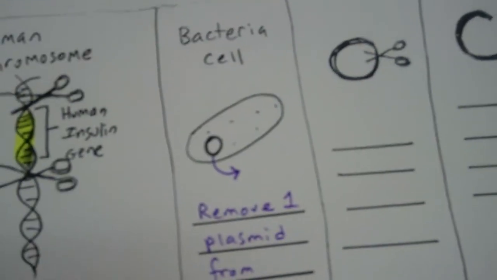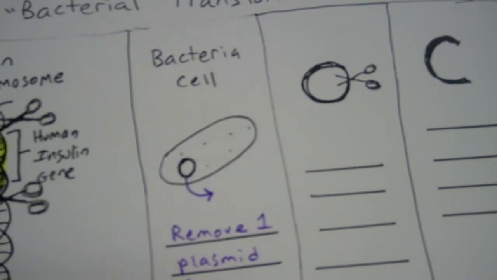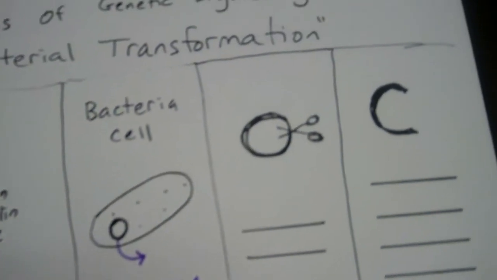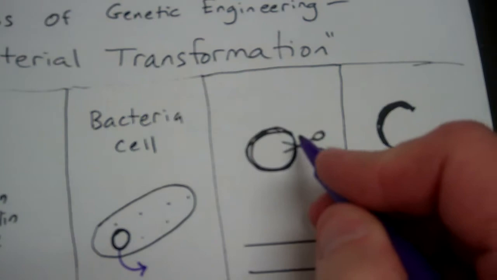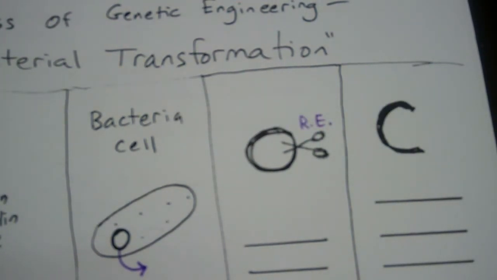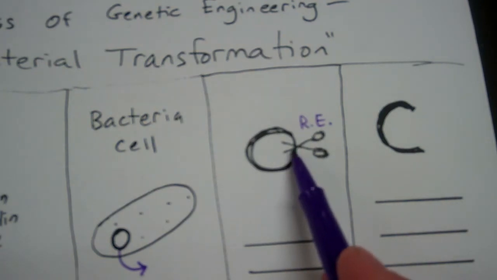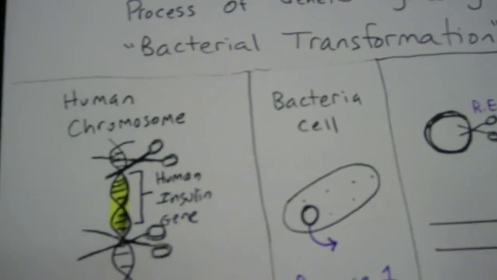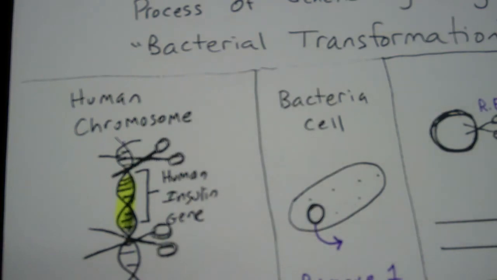Okay. And next, we are going to use our little molecular scissors. Okay, this is representing a restriction enzyme. And by the way, we're using the same restriction enzyme to cut the plasmid open as we used to cut the human DNA. You will see why that's so important.